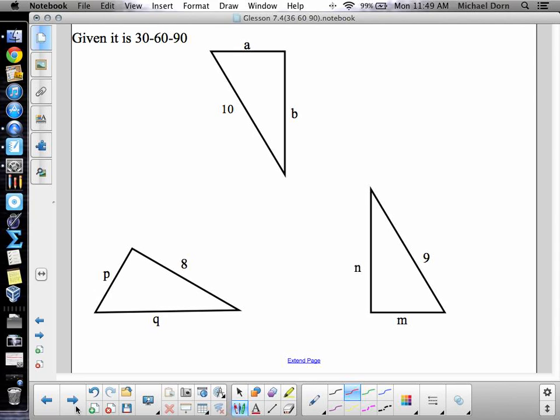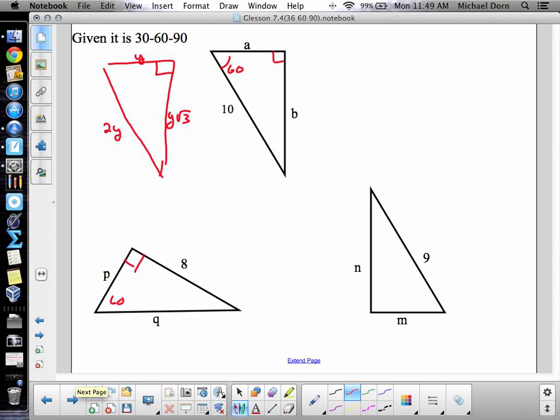Here are some examples with the 30, 60, 90. Now, again, this is one of those times where it really can pay off to draw your reference triangle next to it. Okay? Short leg, long leg, short leg times the square root of 3. These are 30, 60, 90 triangles, so we'll just go ahead and work on that assumption for now.